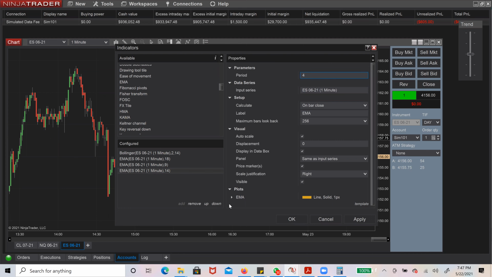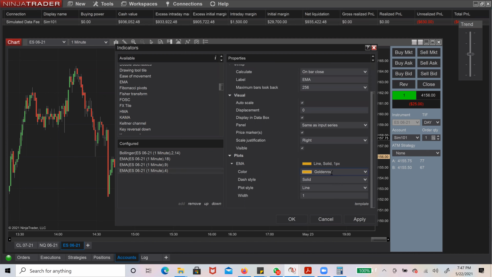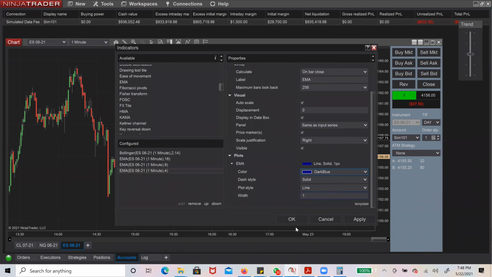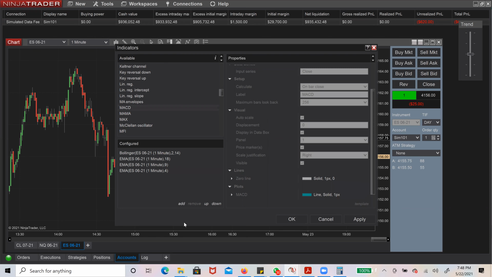In that I'm going to color something different, let's do this one as blue.